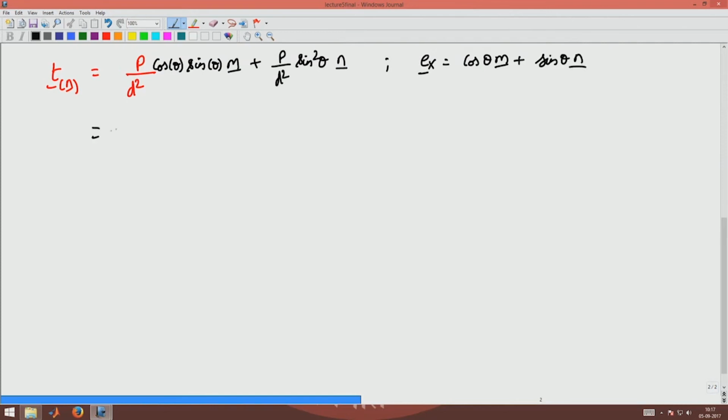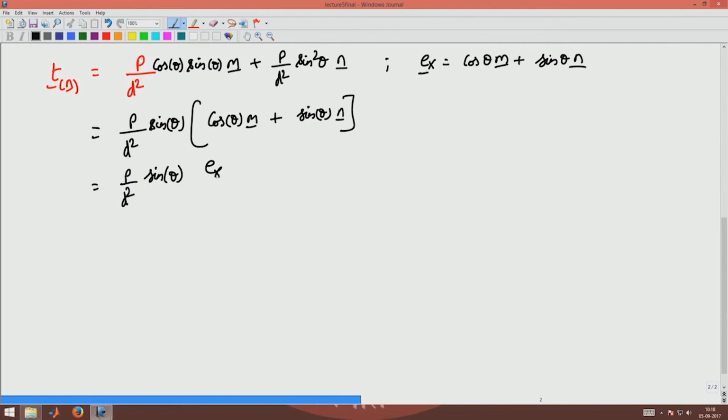So I will rewrite this equation as P by d square sin theta into cos theta m plus sin theta n, which is nothing but P by d square sin theta into Ex.